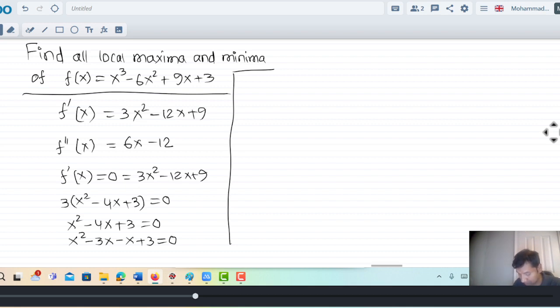We can expand the middle term minus 4x as minus 3x and minus x, so that if we multiply minus 3x and minus x, we get 3x squared, and also if we multiply the two ends, x squared and 3, we get 3x squared. So we take common x from the first two terms, x minus 3, and if we take common negative 1 from the last two, we have x minus 3, equals 0.